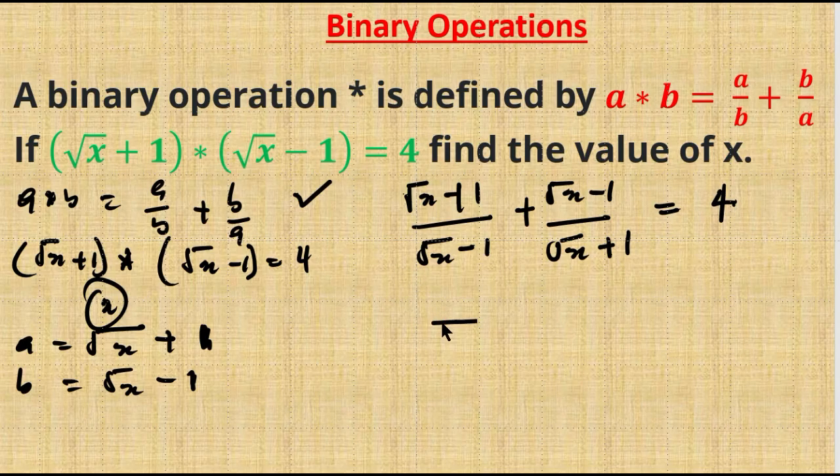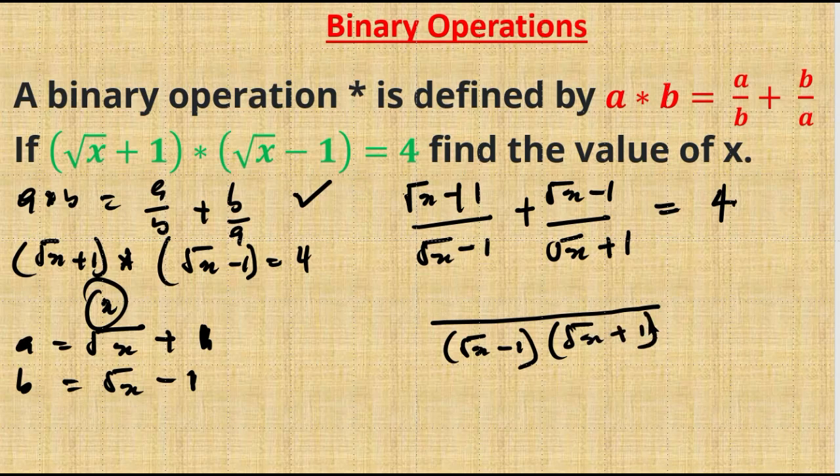Now, with that, I can take an LCM. I'll take an LCM. You have this as root of x minus 1 into root of x plus 1. Now, if you look at this, they're actually conjugates of each other.